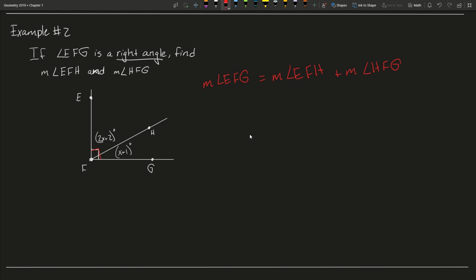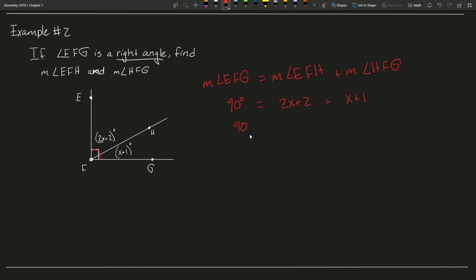We know that EFG is a right angle, so that it's equal to 90 degrees. We know that the measure of angle EFH is 2x plus 2 degrees, and the measure of angle HFG is x plus 1 degrees. Again, from there, we're just solving for x.